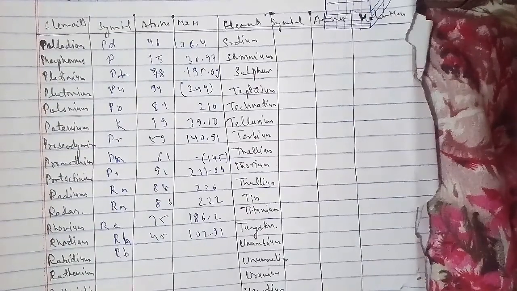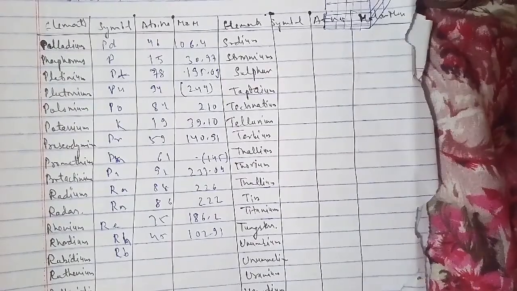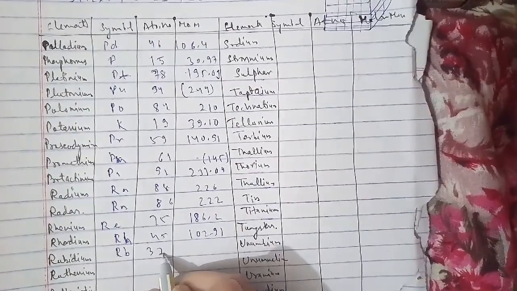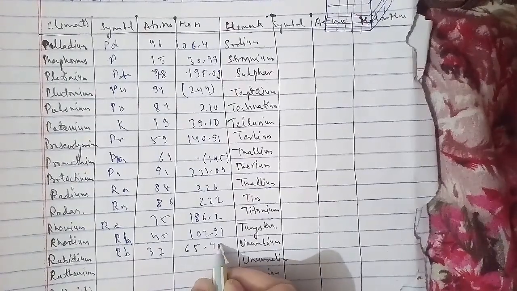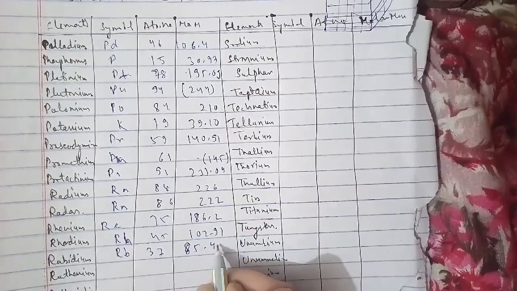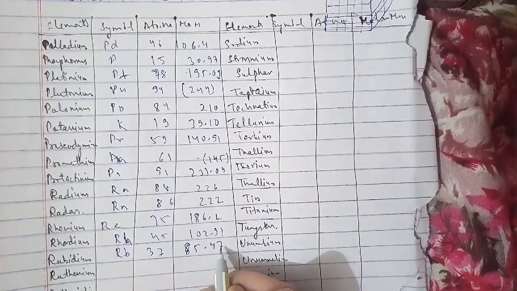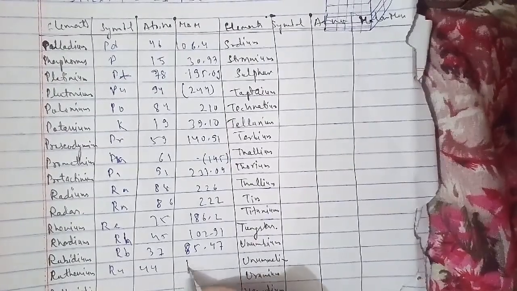Then we have Te, 52, 127.62. Then we have Tb, 65, 158.92. Another is Tl, 81, 204.37.